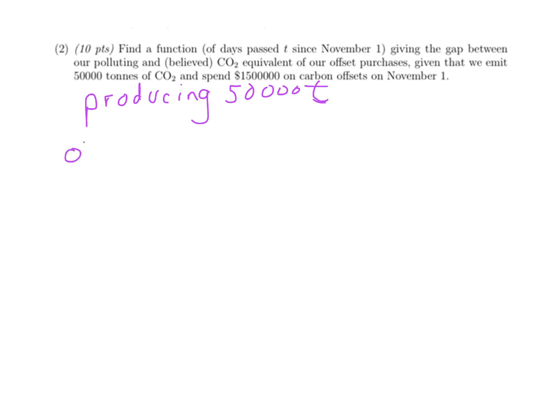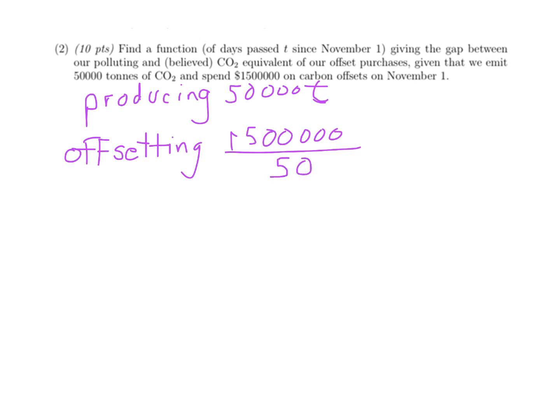And we're offsetting this amount of money, and each $50 offsets 1 ton, right? I think that was what they gave us before.